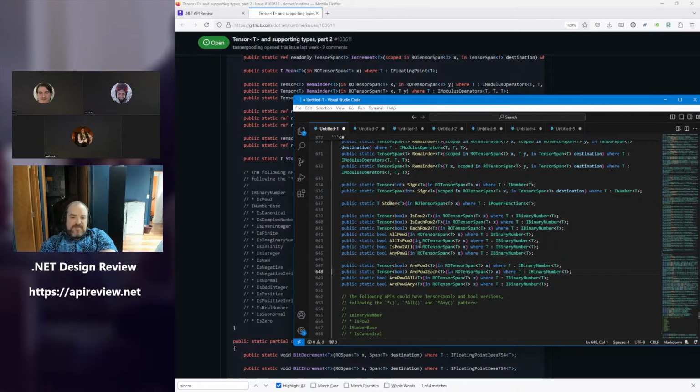Yeah. So the each that was suggested, if we're turning is into r, then I mean, this is bad English, right? It is bad English. With the each at the end in particular. Right. Our all POW2 is each, because really it's our each POW2, and our all POW2 and our any POW2.